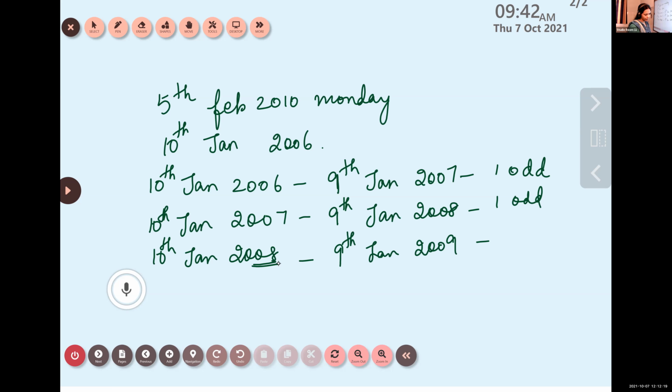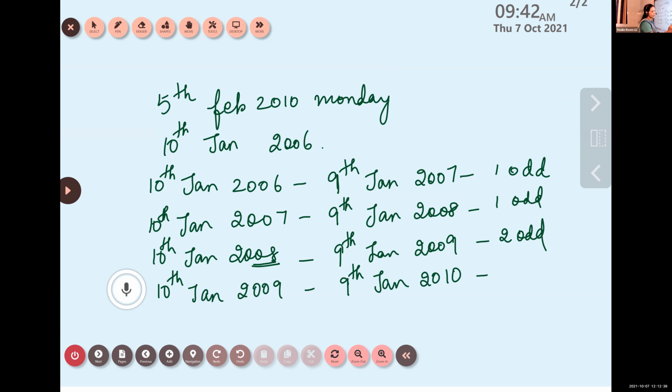Leap year, so how many odd days will we get? We get 2 odd days. Then from 10th January 2009 to 9th January 2010, which is again not a leap year, so we'll get one odd day.